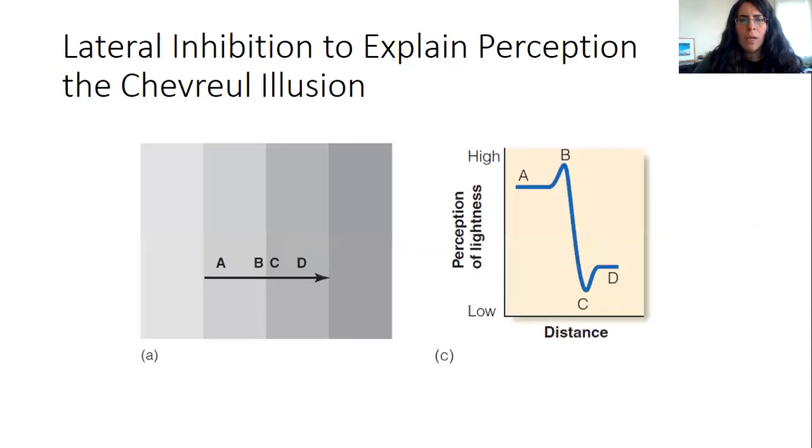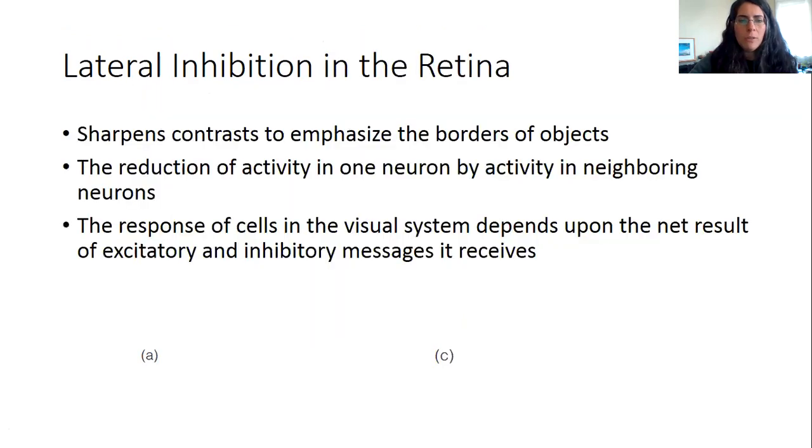Okay, so again, when there's this change in light wave intensity or from one color to the other, there's this bump in intensity or dip in intensity to sharpen the contrast, right? It allows us to see the boundaries of objects.